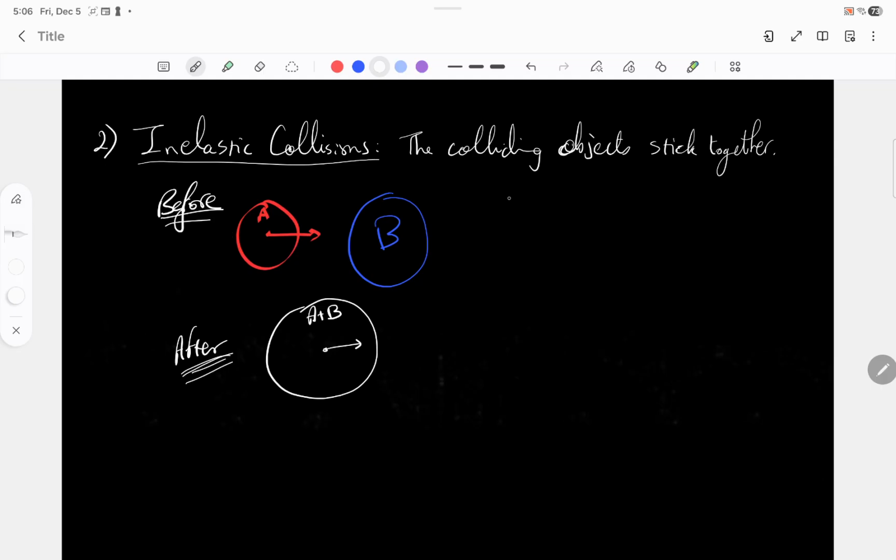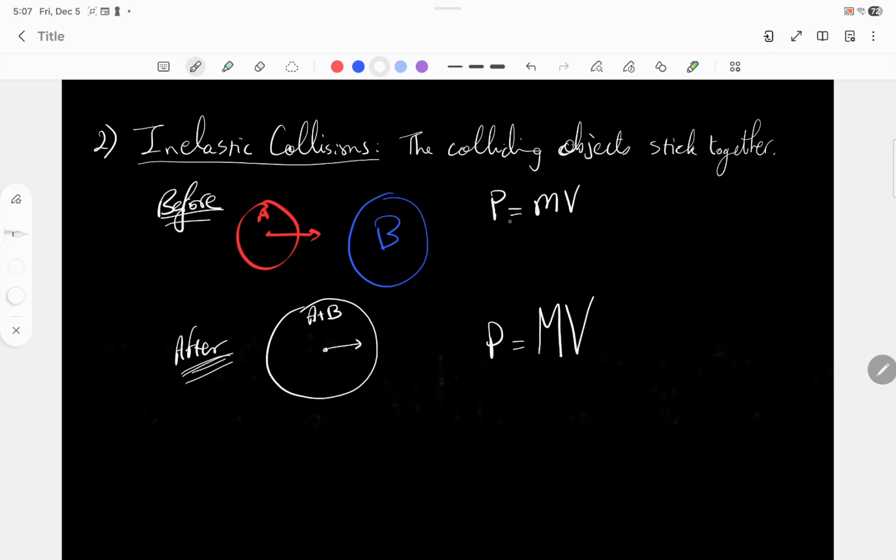Given that object A is the only thing moving, the momentum is simply the mass of A multiplied by the velocity of A. Looking at the after image, the total momentum is the same thing, more or less. It's going to be the mass of A and B together, which we're going to represent as a capital M, multiplied by a new velocity, which we're going to represent as capital V.